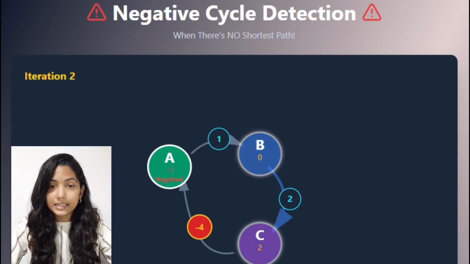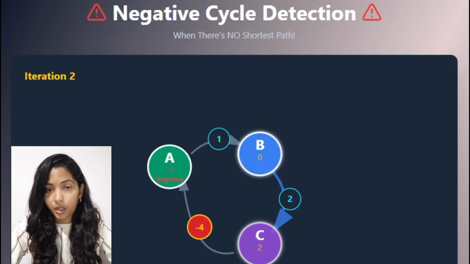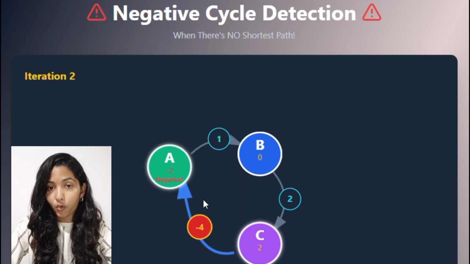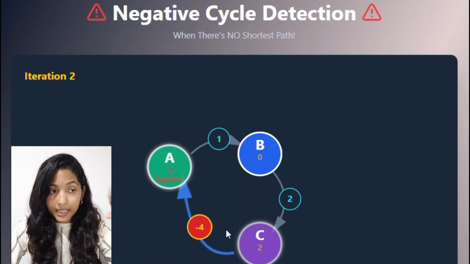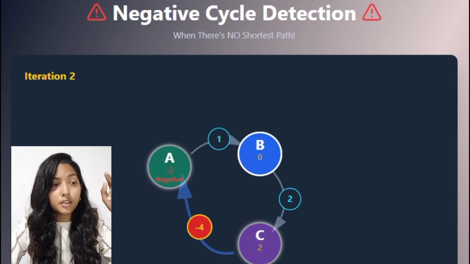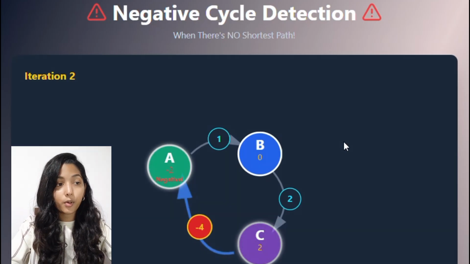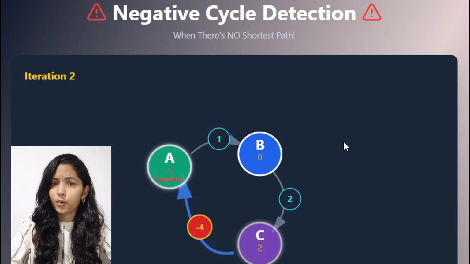We update C from 3 to 2. Then edge C to A. C is 2 now, so 2 plus -4 equals -2. So we update A from -1 to -2. It got even more negative. Then you can see the pattern. Every time we go around the cycle, the distance keeps getting smaller and smaller.